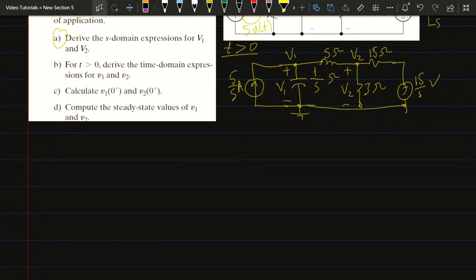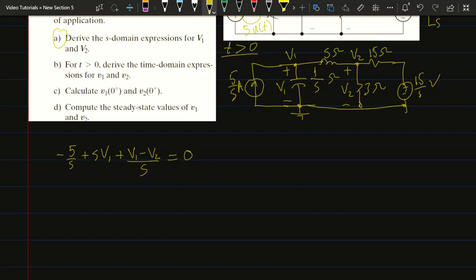Now I need to write the equations, so I have minus 5 over s plus V1 over 1 over s, that's s times V1, and then plus V1 minus V2 over s, and the sum of these is equal to 0.